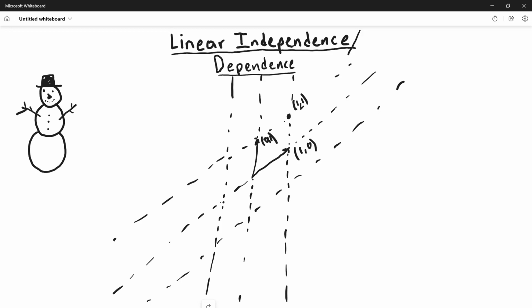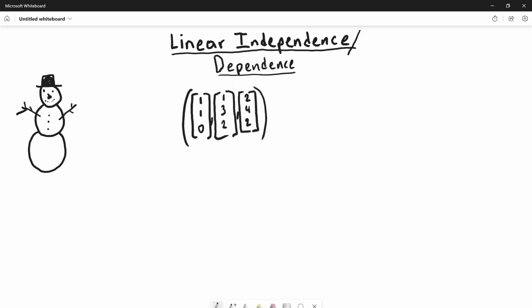Now let's look at a numerical example. So here we have a vector set. Is this vector set linearly independent? And how can we tell? So linear independence, if we're talking about redundancy, none of the vectors in the set can be represented by any of the other vectors. And we're talking about linear combination here. So we're dealing with 3-dimensional vectors, and we have 3 vectors in our set. So it is possible for this set to be linearly independent, because think about if you're only dealing with 2 dimensions, you only need 2 vectors to span 2 dimensions, right?